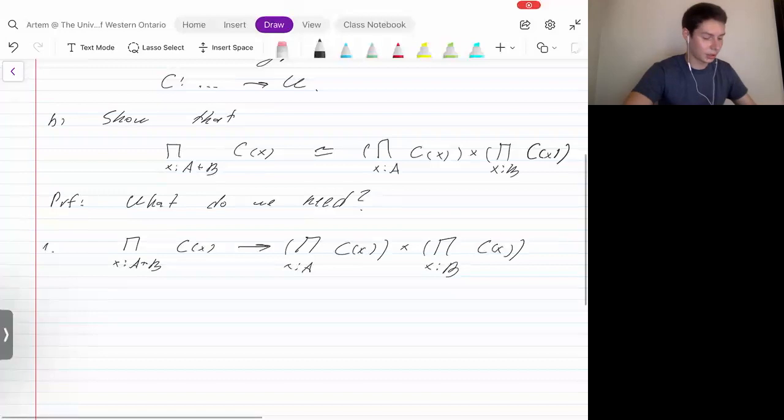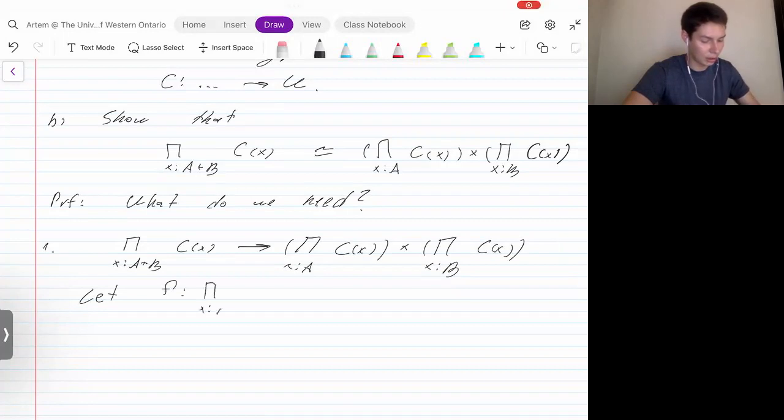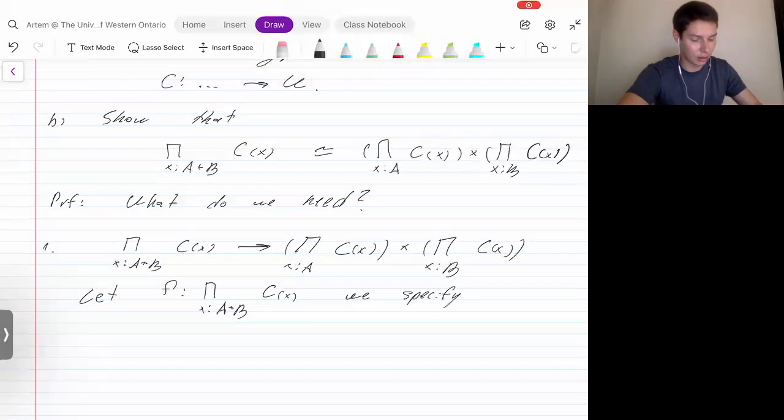Okay, so let f be this dependent function here, x. So we specify an element of the codomain as follows.